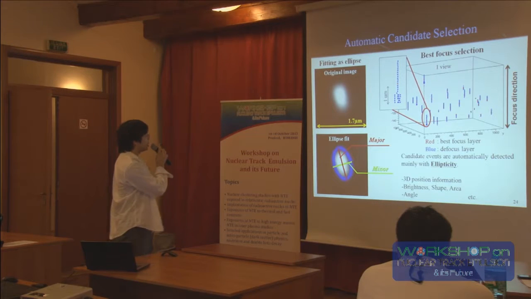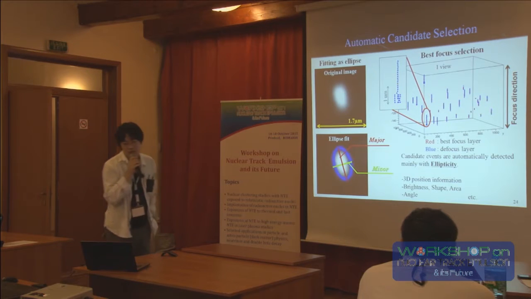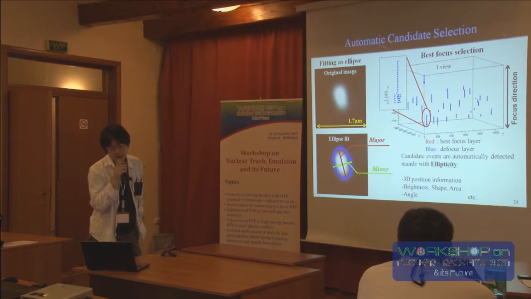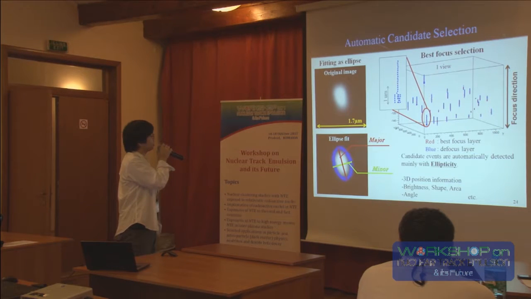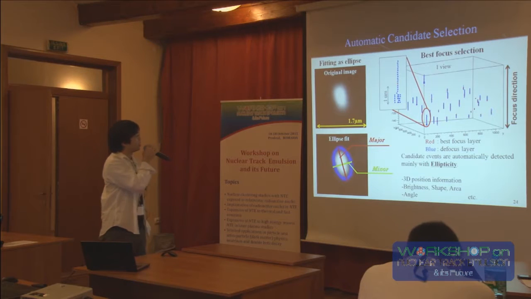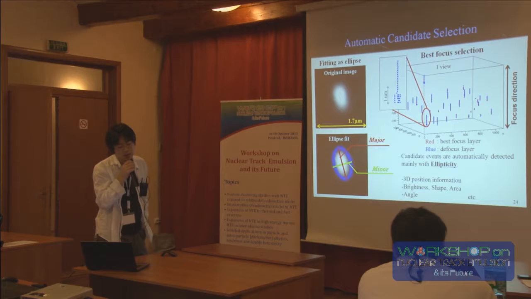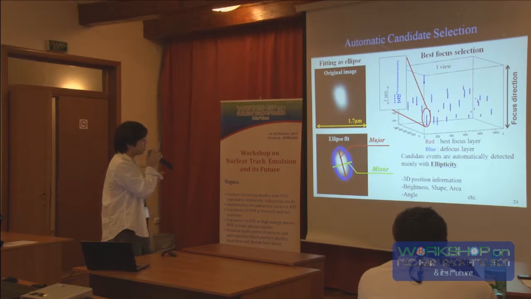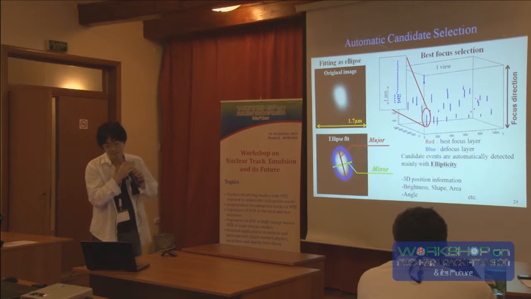Then, to reject the defocus layer, we do the best focus selection. All of these processes are done completely automatically, and we finally get information on the ellipticity, 3D position, brightness, shape, area, angle, and much more.